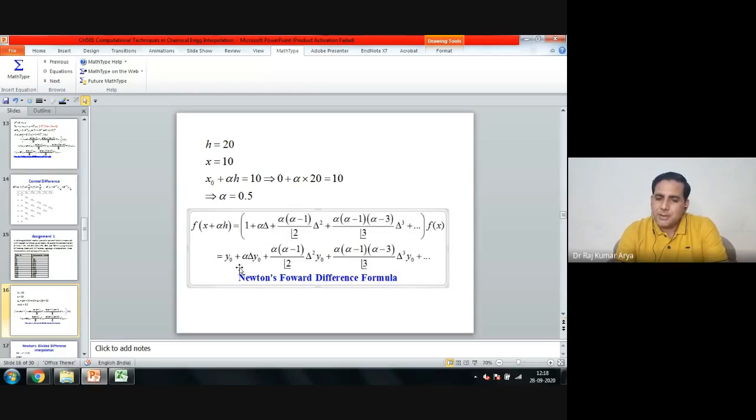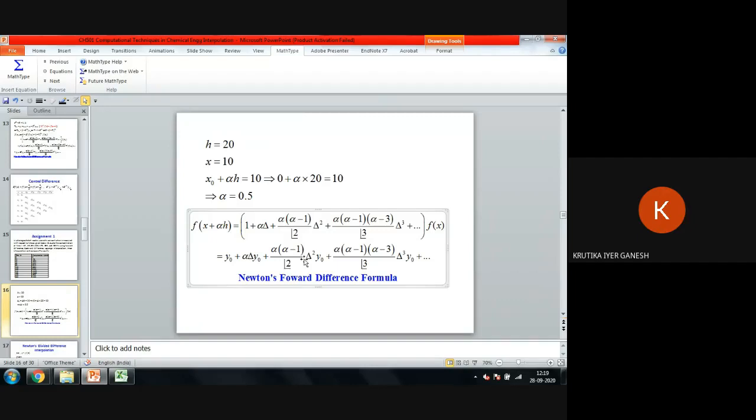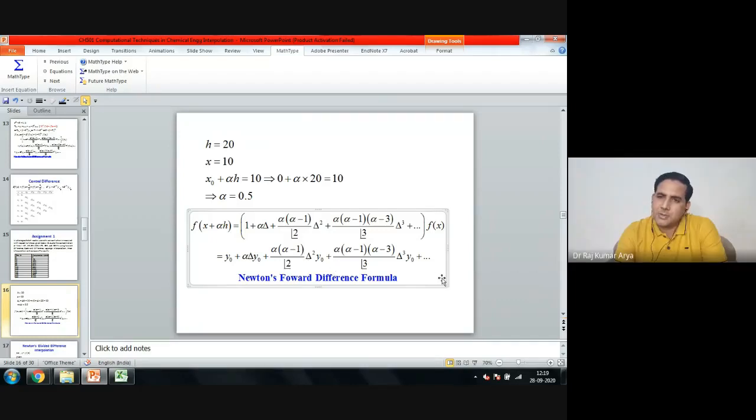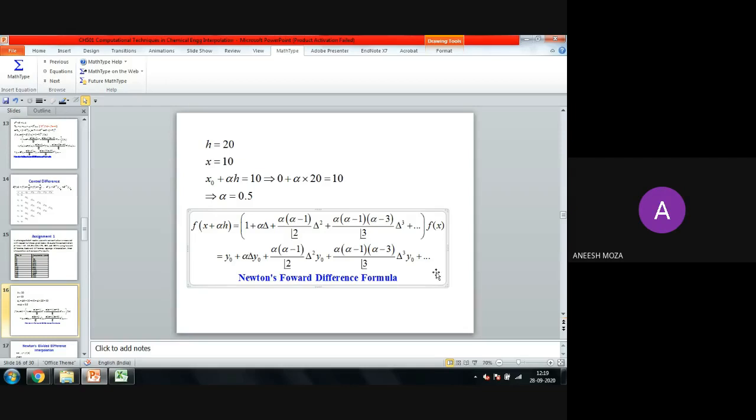You already know the function value y naught. These are known to you: delta y naught, delta square y naught, delta cube y naught, delta 4, delta 5, delta 6, till delta 10. Delta y naught is the first difference, right? If you see here, these are delta y naught, delta square y naught, delta cube y naught, delta 4 y naught, delta 5 y naught.